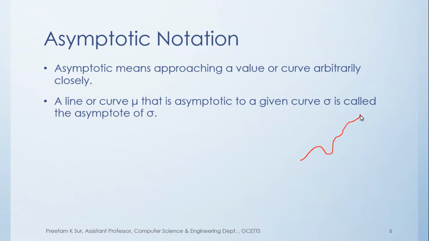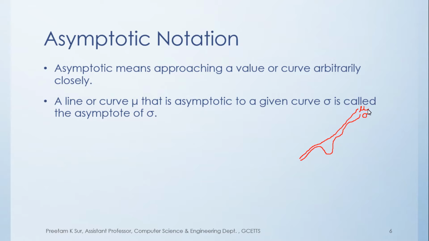We can have another, let us call this original curve sigma, which is hard to realize. Now we can have another curve which will have a very close value to the original curve, but that is not exact, and that is very simple compared to the original curve sigma, and let us call it mu.